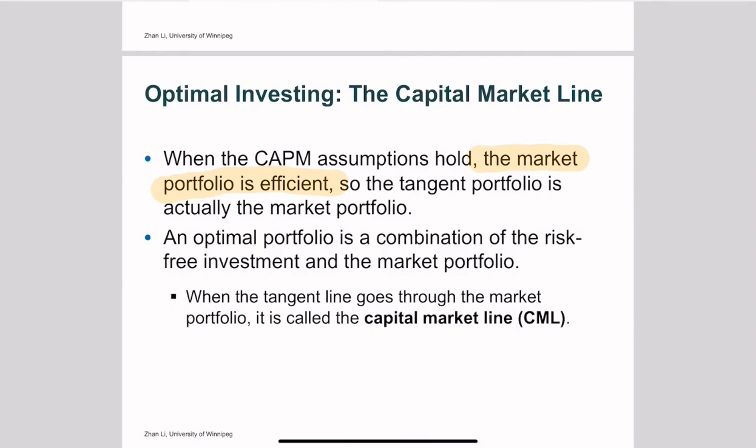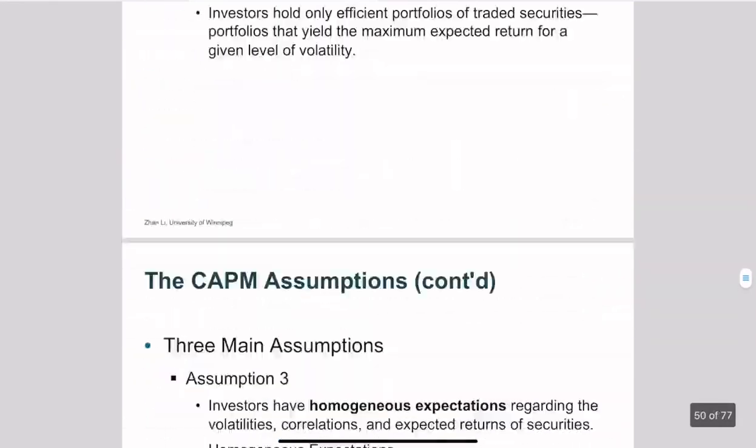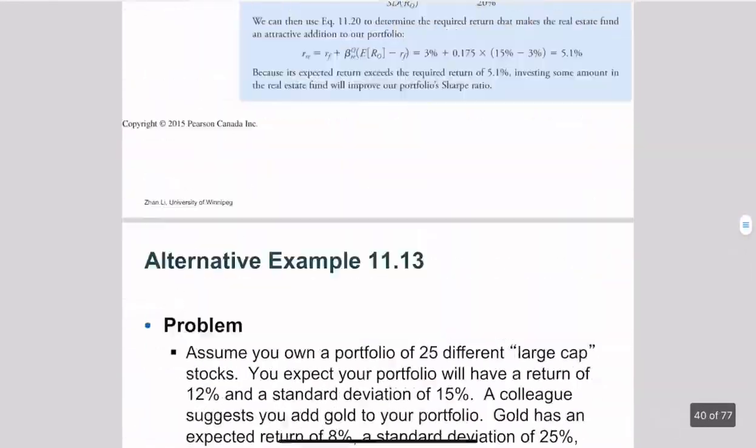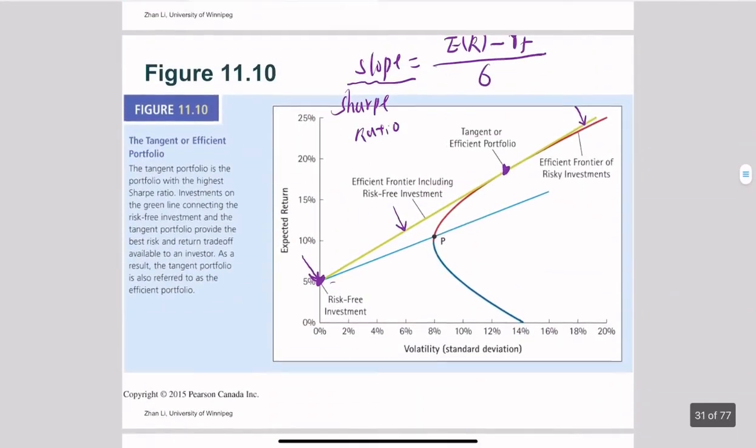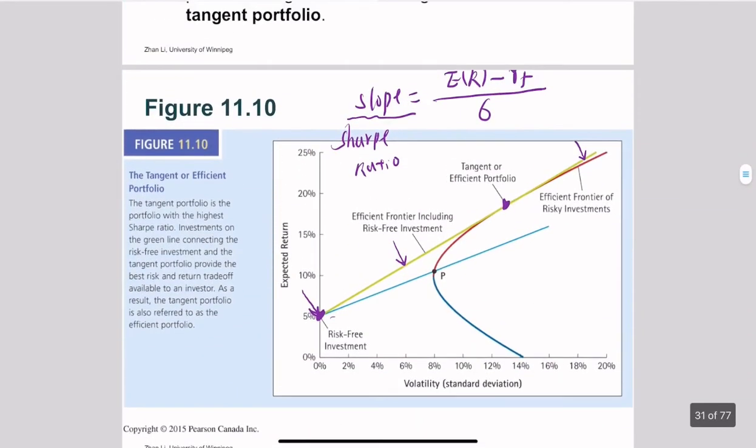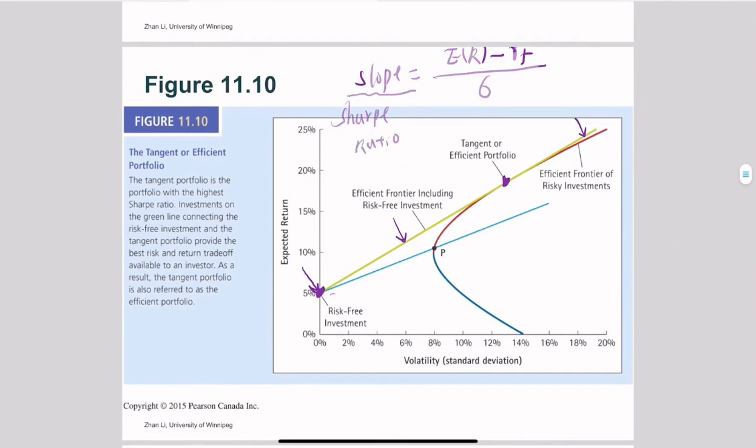So if you combine these two results, now we could know that the market portfolio is the tangent portfolio, right? So if we go back to last class, we talked about this nice picture here.